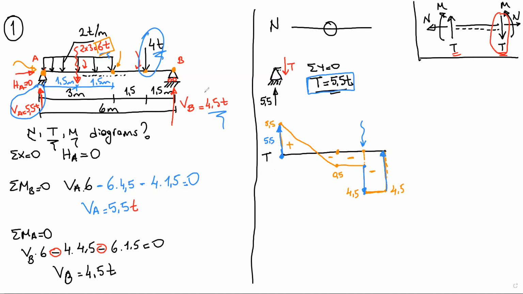What we have now, all the system closed. We start from this point. We go up and okay, uniform distributed load. We head down to 0.5. After that, at the end, we close the system. That means we did correct.